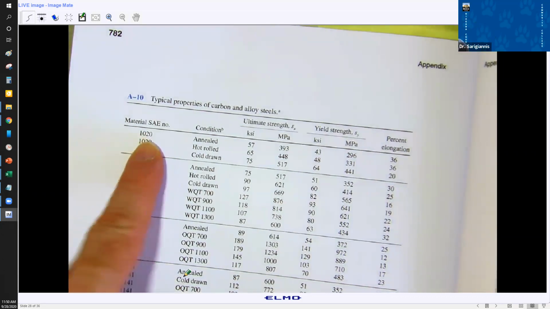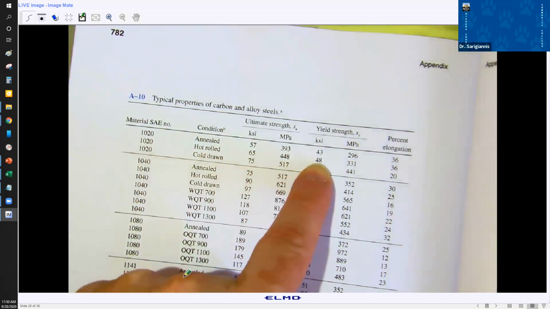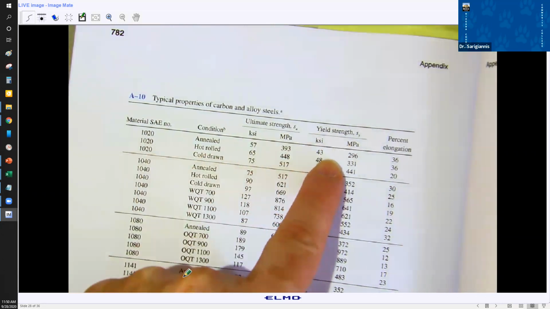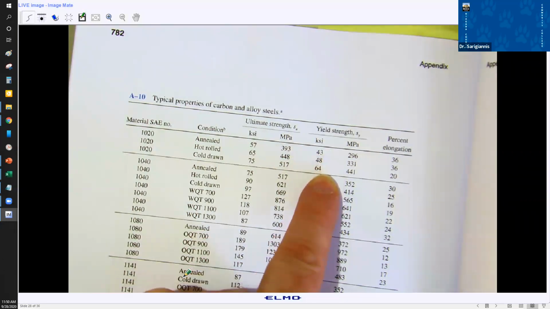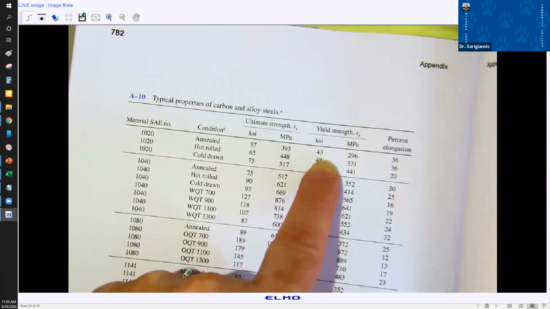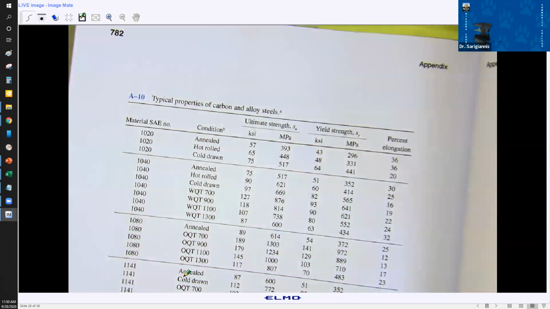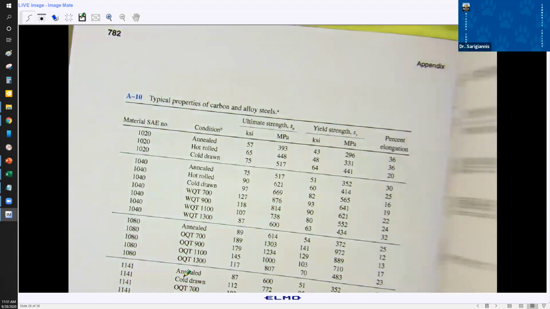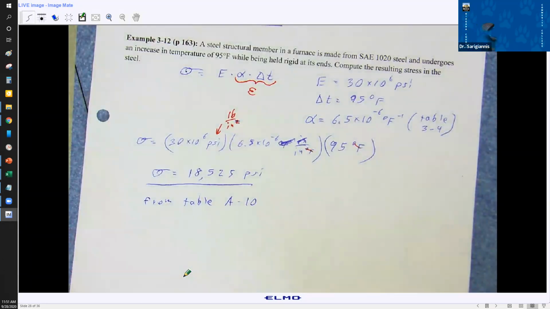In the weakest form, the yield strength is 43 ksi. Let me make some comments here.